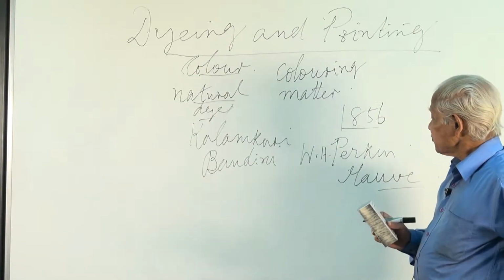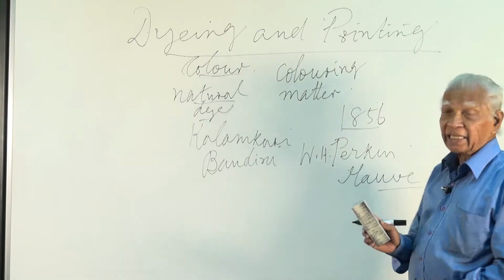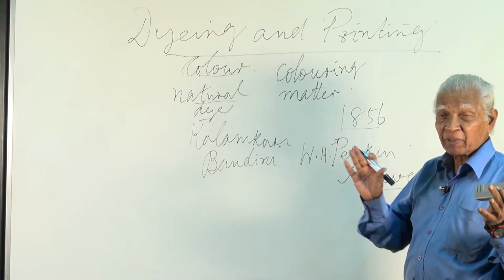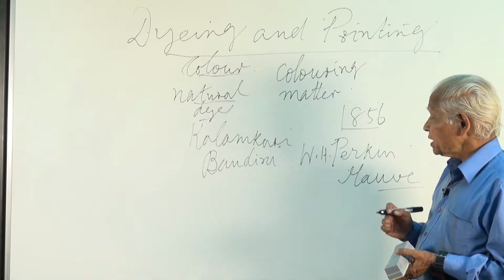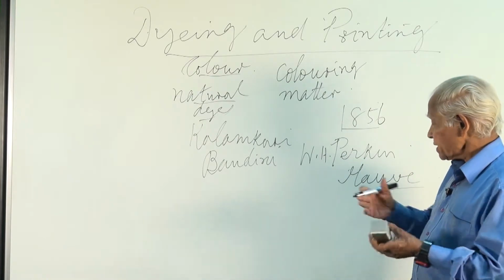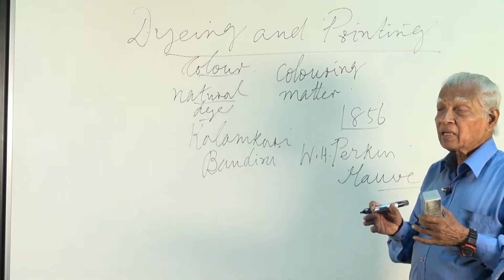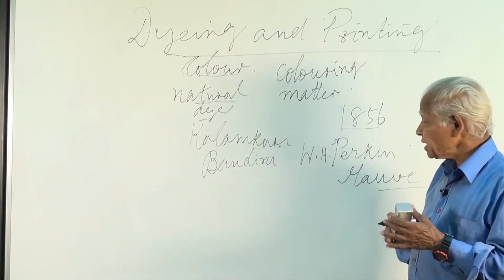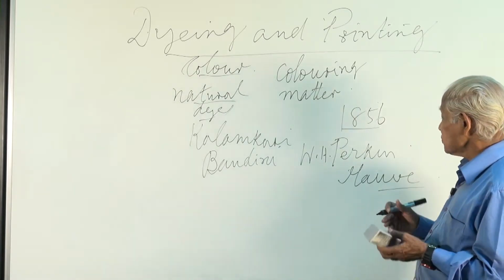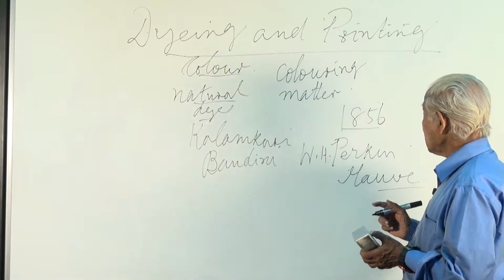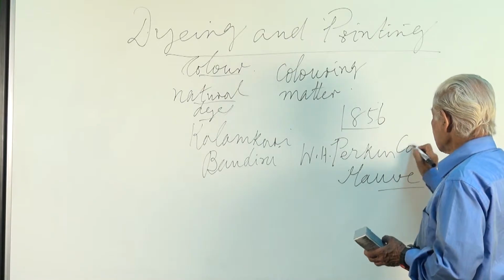So, the first synthetic dye was introduced by W.H. Perkin in the year 1856, which had a purple color, and that was the beginning of the synthetic dye industry. And after that, many industries have started producing these dyes, and in India also there were many industries making these dyes, Indochem, to mention a few. And the coal tar dyes, as they are called.